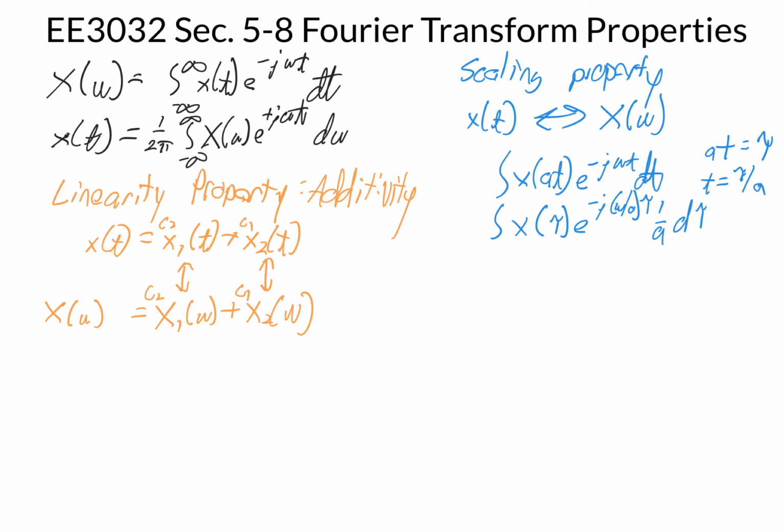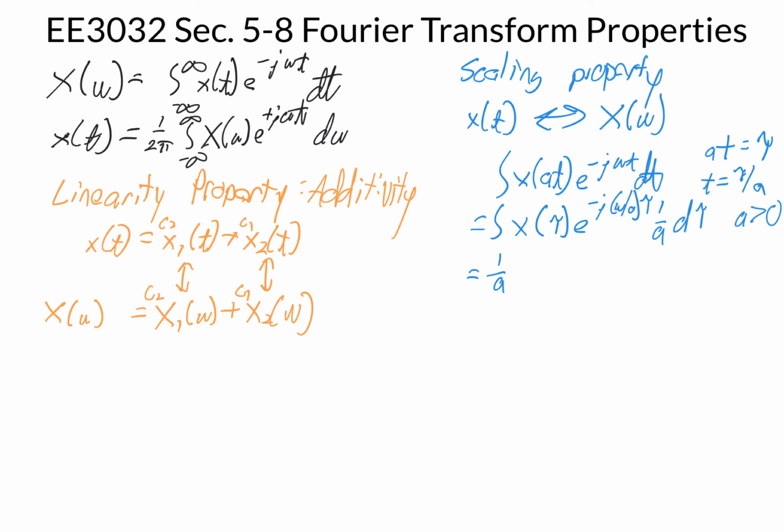And in order for the next step, we need to know that a is greater than 0. We'll take the case that a is less than 0 in a minute. So here, if I simplify this a bit, I pull the 1 over a term out front, and now I have x of tau integrated d tau with e to the minus j times tau times omega over a.